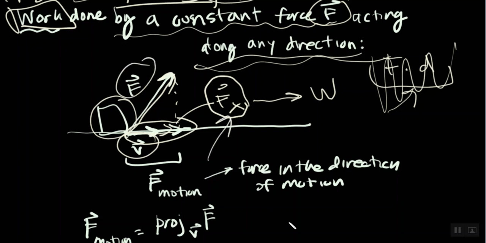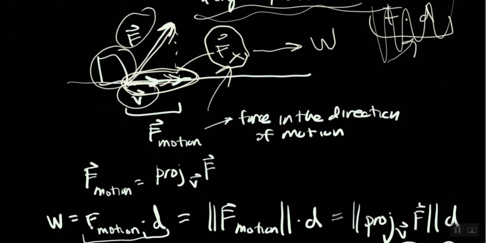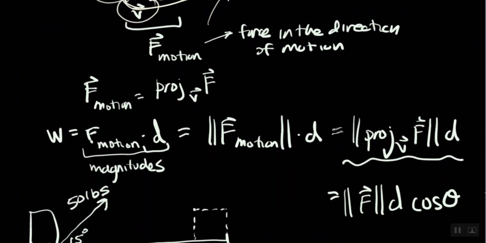Only this force matters. It's the force in the direction of motion that matters. So we're going to focus on that. And guess what? That really strikes a bell when it comes to projections.